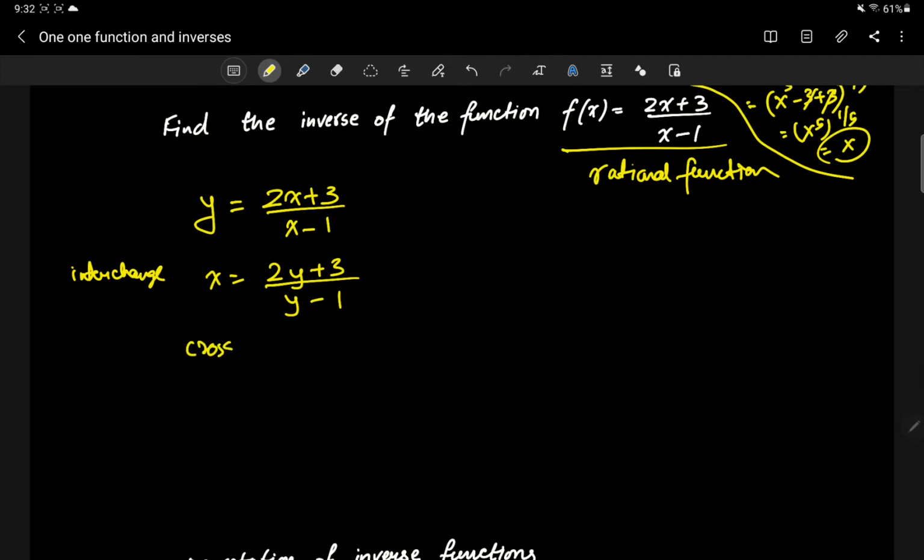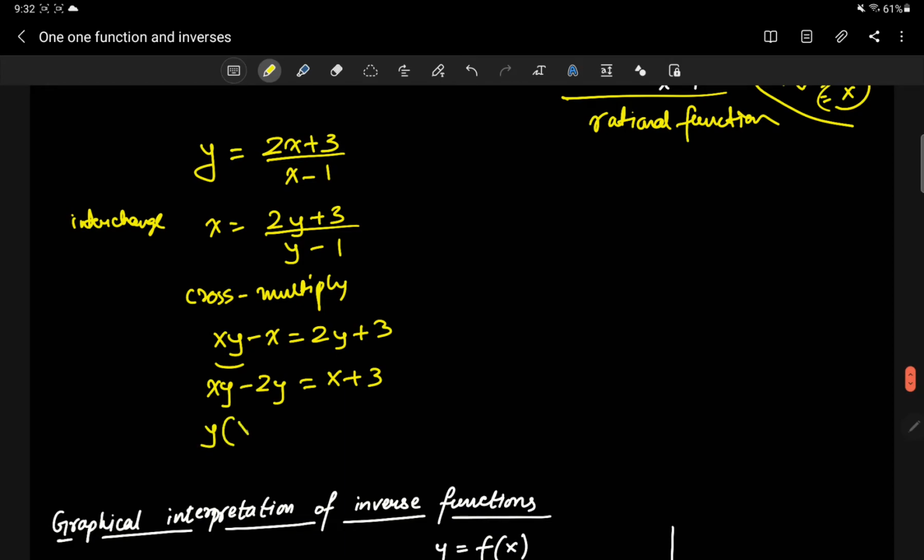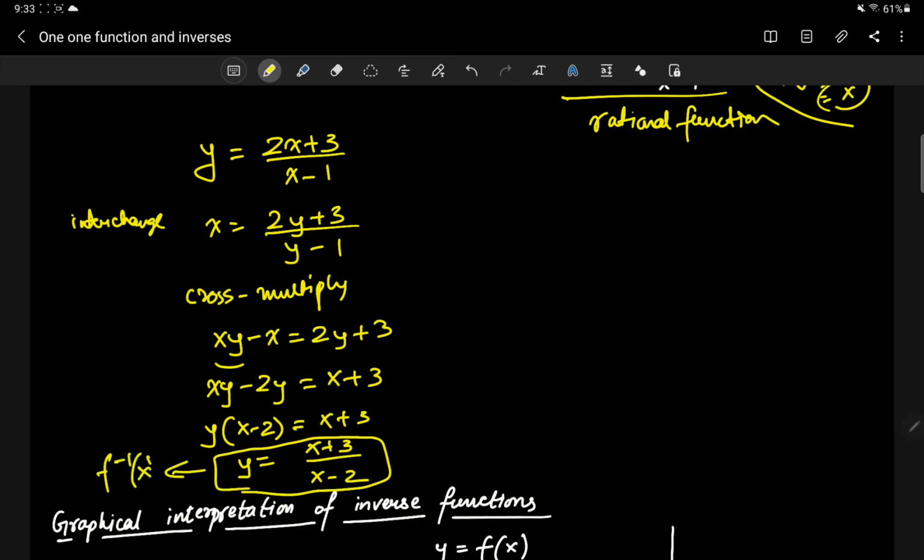So the first step is to cross multiply. When we cross multiply, xy minus x is 2y plus 3. So let's isolate the y terms. xy minus 2y is x plus 3. y times (x minus 2) is x plus 3. So y is (x plus 3) over (x minus 2). And that is f inverse of x.